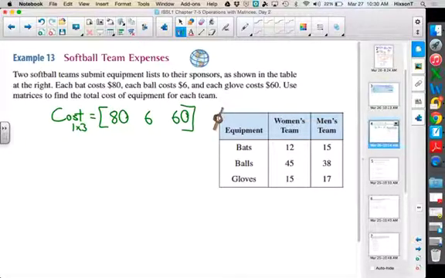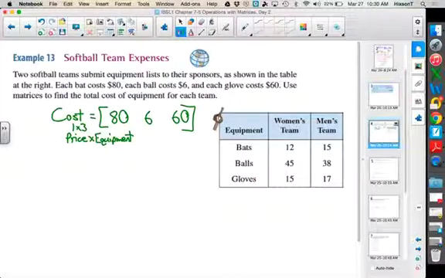The row represents the price, and the columns are the different equipment, just to be consistent with the terminology over here. It's the price by the type of equipment.